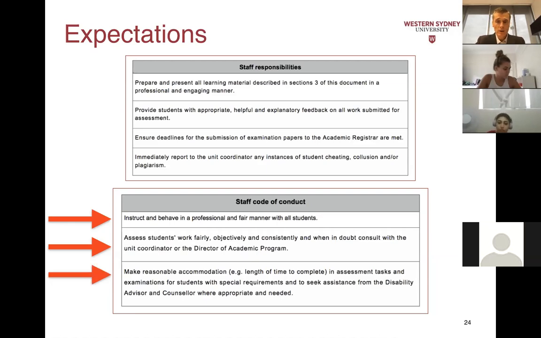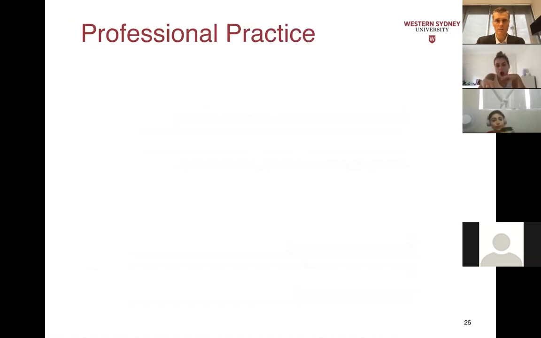And we'll try and make reasonable accommodation in terms of assessment tasks. If, for example, there are some limitations that you have, or as I was saying, there's illness or misadventure. There are university policies related to illness and misadventure, and they're available via the uni website. Okay.